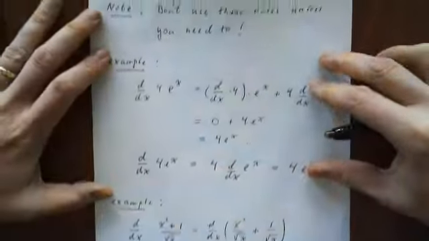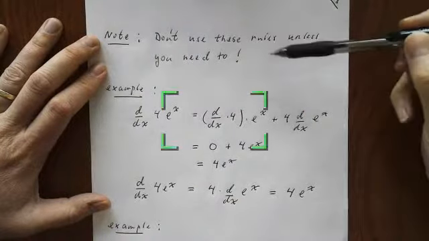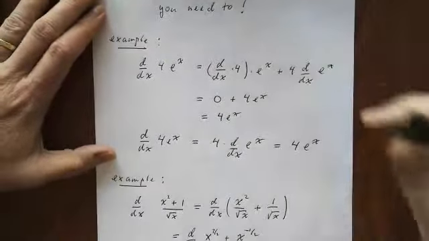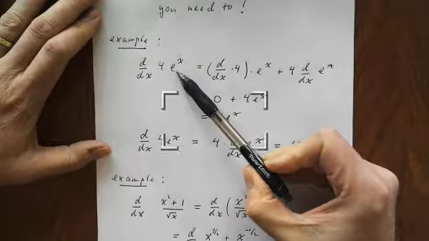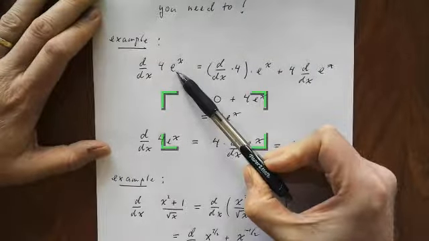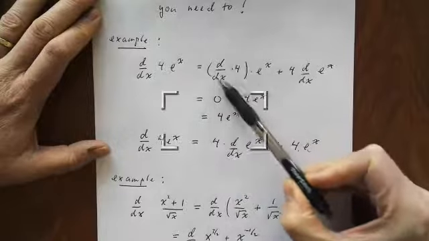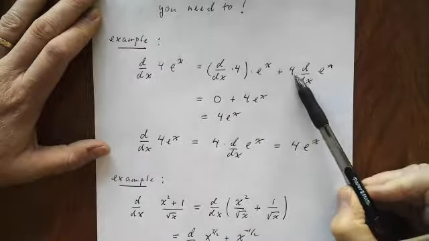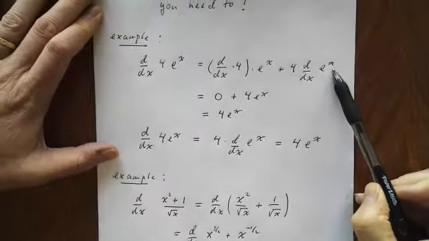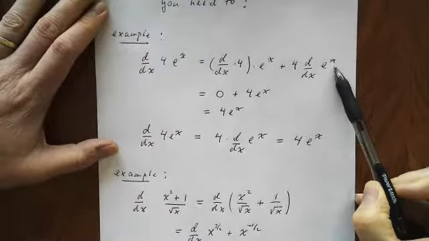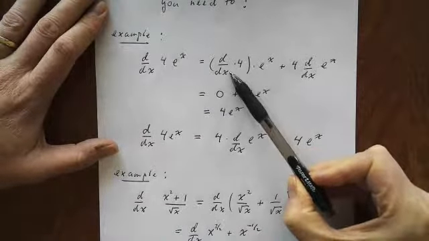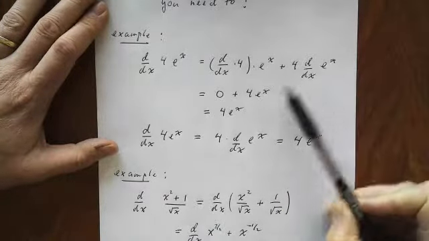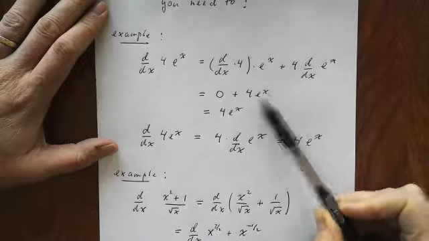Now, a couple words of warning. You don't need to use the quotient rule or the product rule all the time. Here's a simple example. The derivative of 4e to the x. It's tempting to use the product rule here. It's tempting to say, okay, the derivative of 4 times e to the x plus 4 times the derivative of e to the x. That would certainly be valid. The derivative of 4 is 0 because 4 is a number, and then we have 4 times the derivative of e to the x, which is 4 times e to the x.